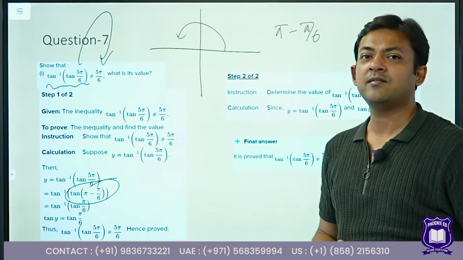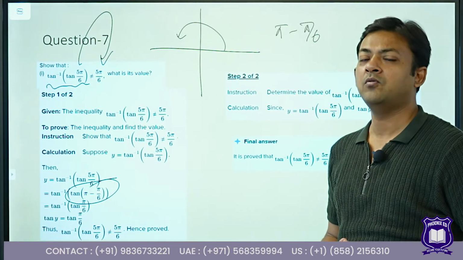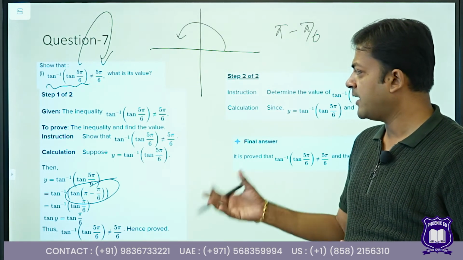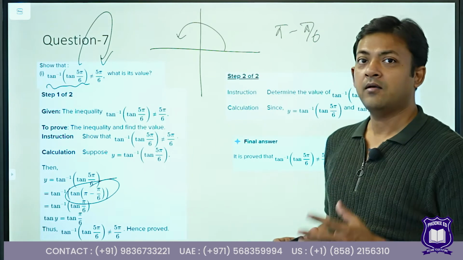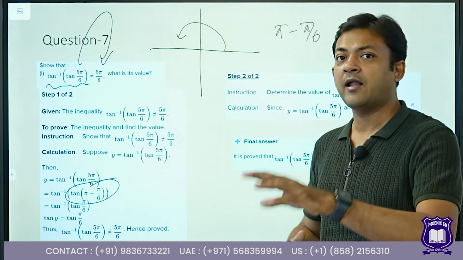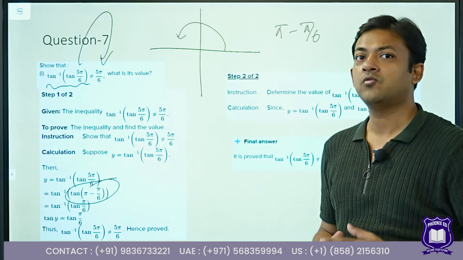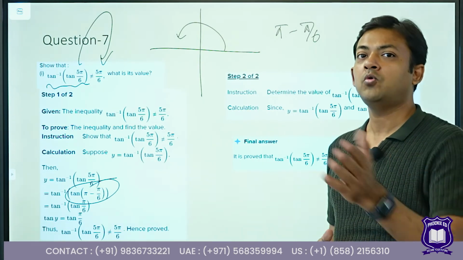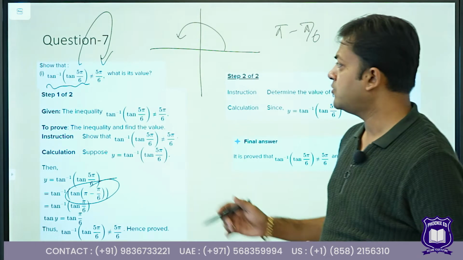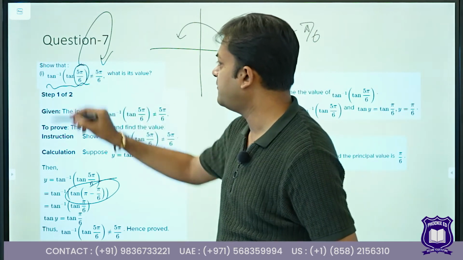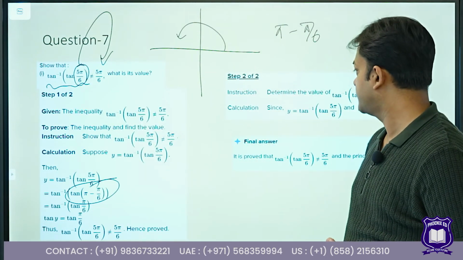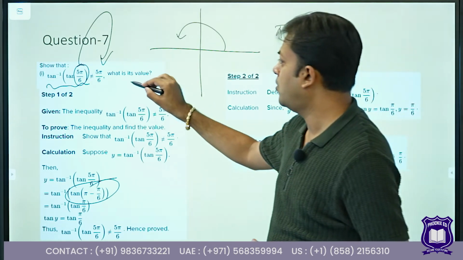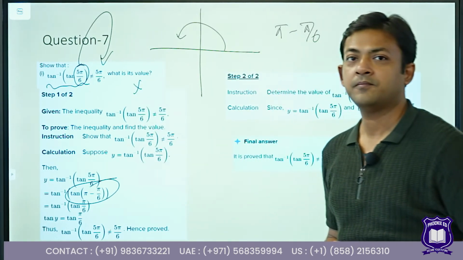Since the angle lies in the second quadrant, the numerical value would be negative in nature. The principal value of tan lies between minus pi by 2 to plus pi by 2, so there is no chance of getting a value which is 5 pi by 6. So the answer would be no, it is not 5 pi by 6.